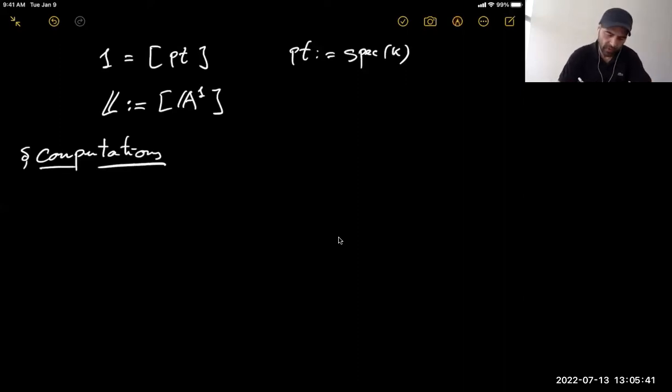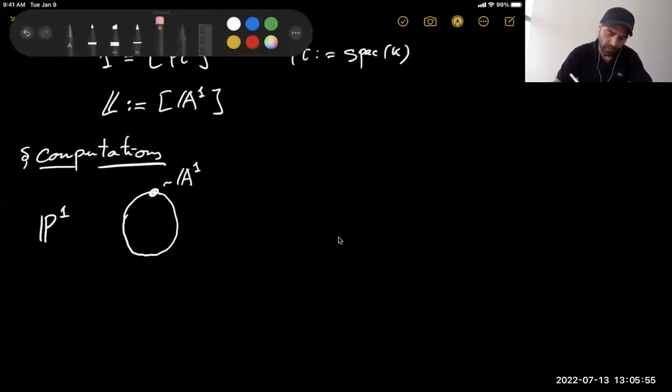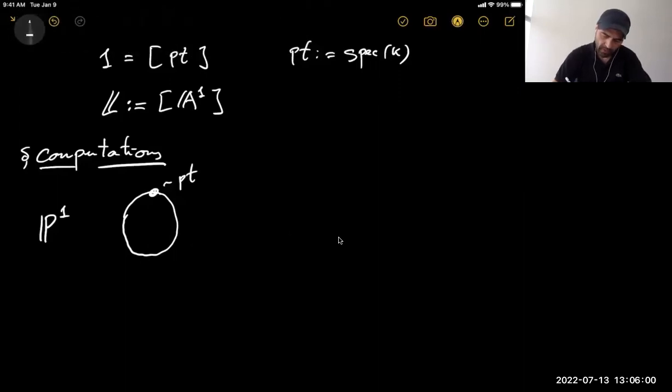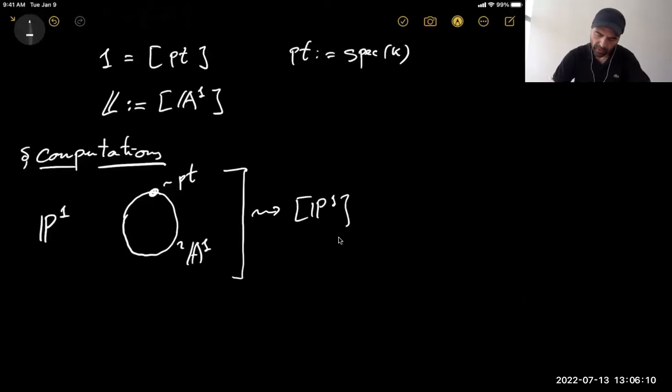It's well known that the projective line is glued from a point with A1. So consequently, using these scissor relations, this tells you that the class of the projective line is L, the class of A1, plus 1, the class of a point.